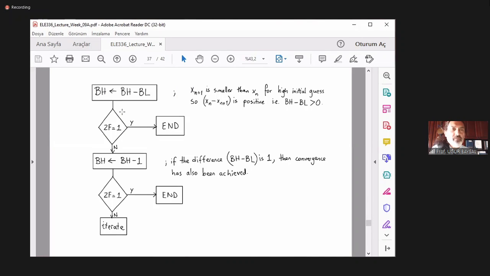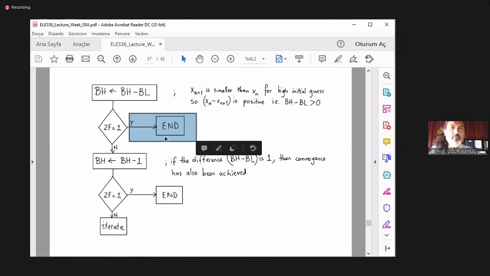So here's the flowchart. In the test, if BH and BL are equal, the zero flag should be set. And as soon as they are equal, the zero flag is set, which means convergence is reached and the program should end.